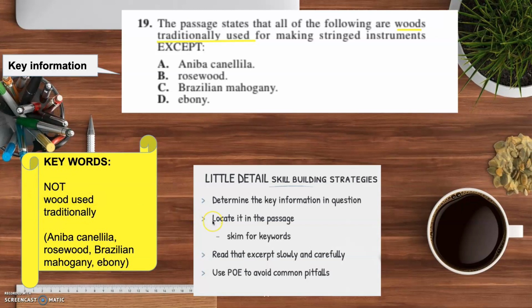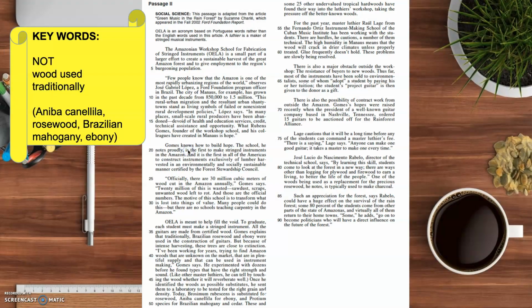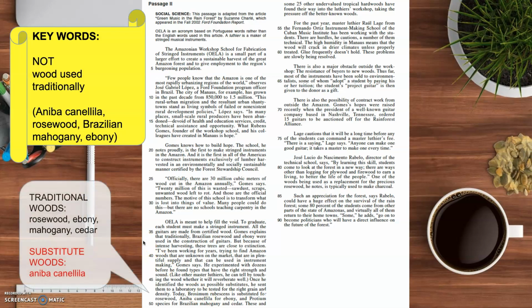So now it's time to go back into the passage, since we're not told where to look, and we're going to start skimming for these keywords. So as I'm scanning down, well, I'm starting to see words that sound familiar, so it looks like I'm in the right paragraph, and boom, here we go.